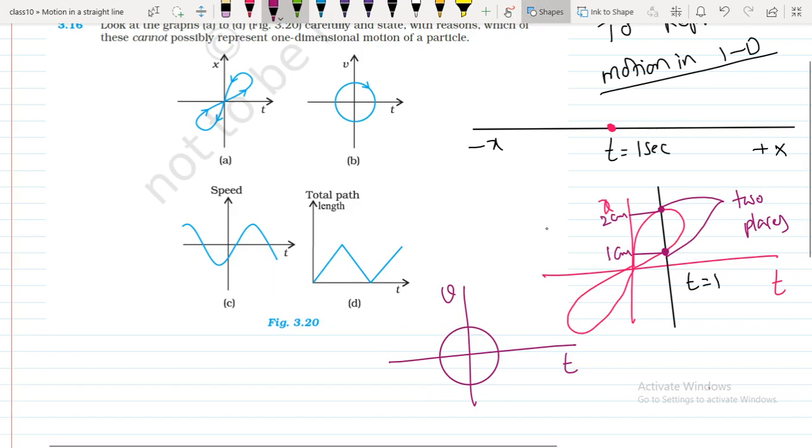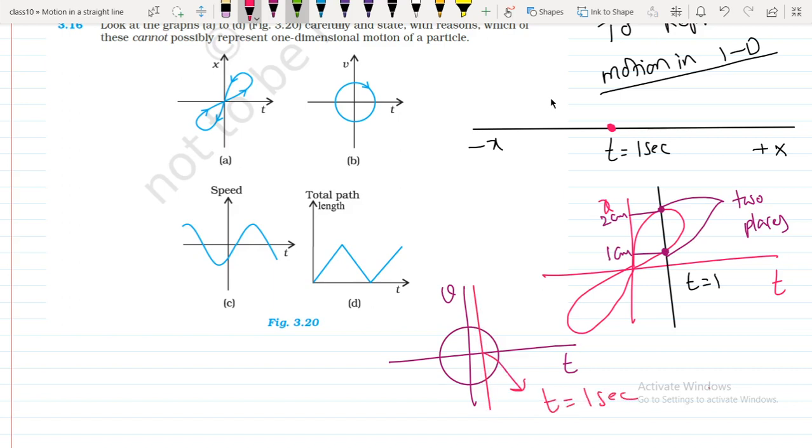If I draw a line parallel to the velocity axis at a particular time, say t equals 1 second, the particle has two velocities, one positive and one negative.